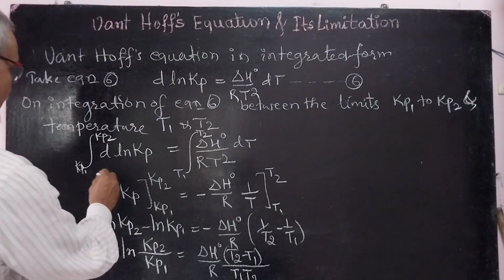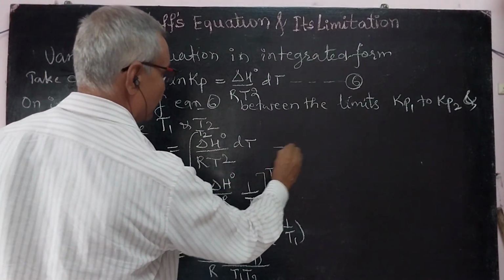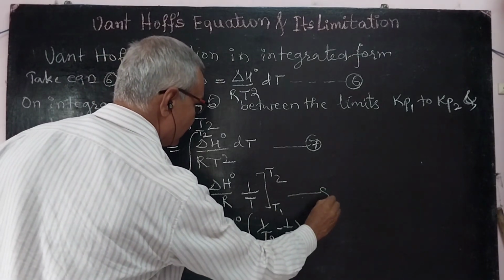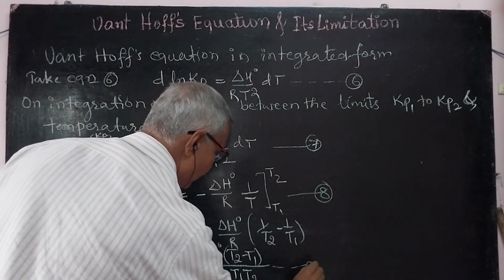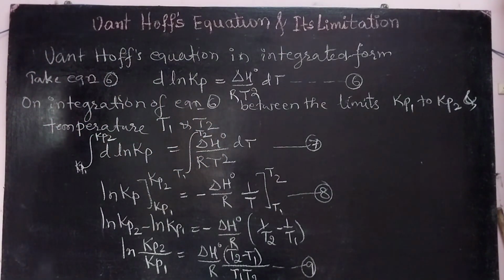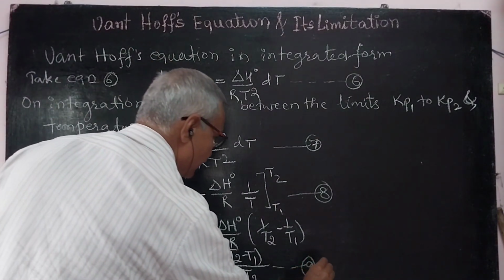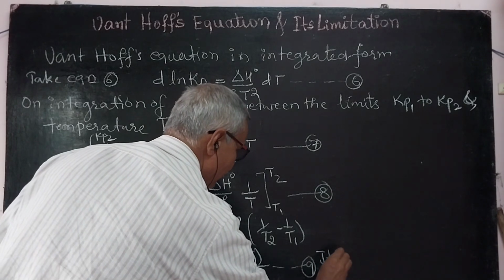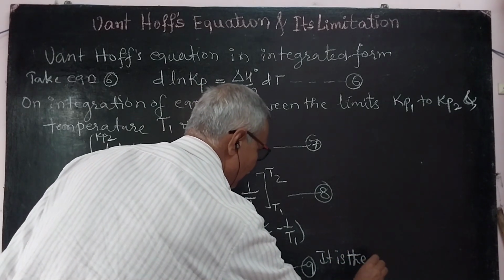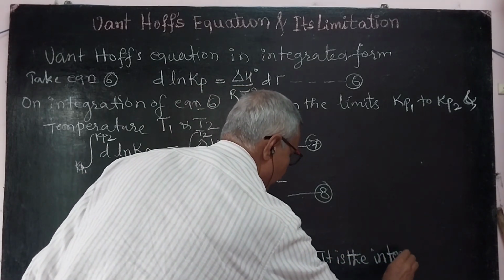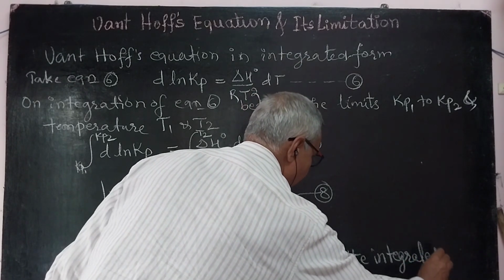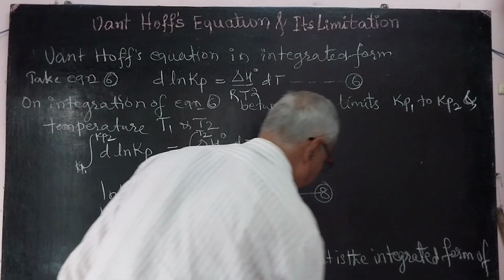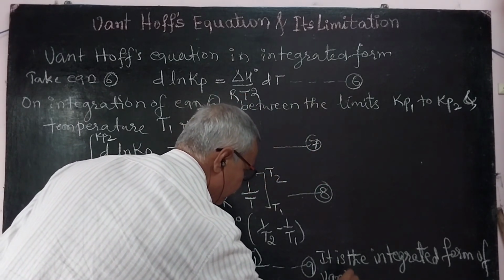Suppose this is equation 7, this is equation 8, and this is equation 9. Equation 9 is the integrated form of van't Hoff's equation.